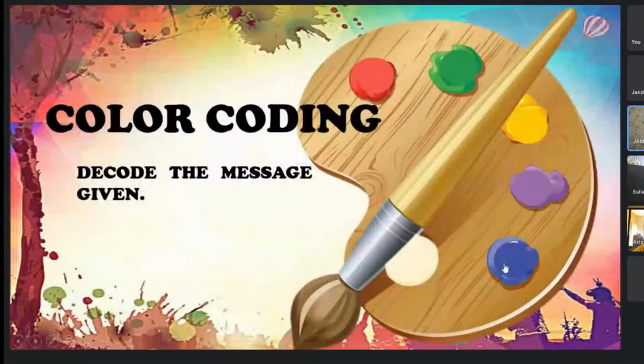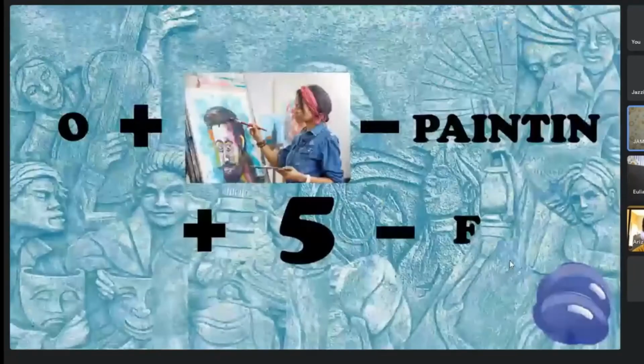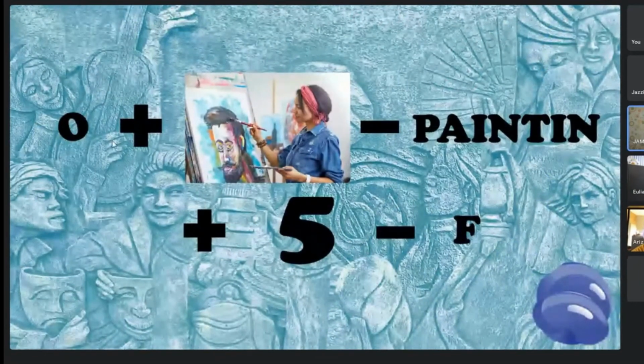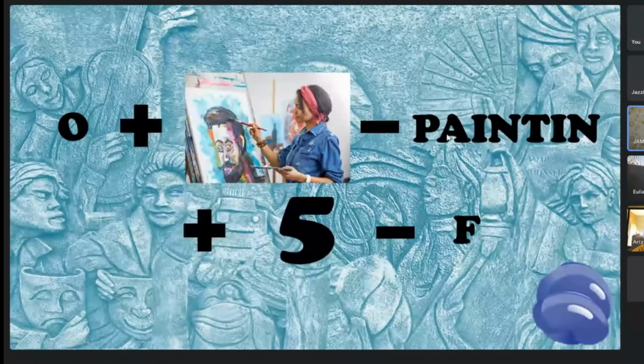Okay, now let's proceed to our last type of graph for today. We have the blue color. Kindly decode the message given here. This letter plus this picture minus PAINTIN plus this figure minus F. Can you give me what will be the fifth type of graph?